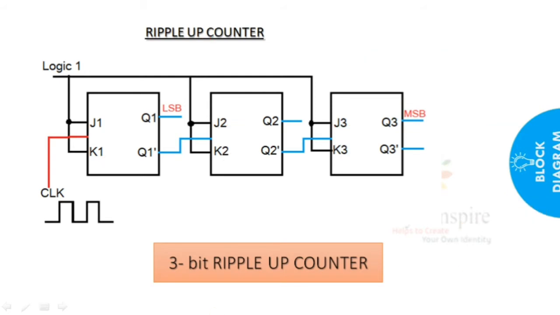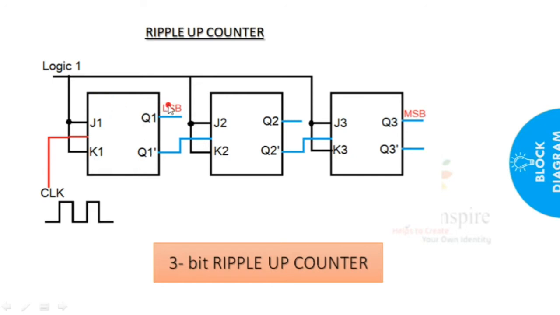Okay. If you don't know JK flip-flop operation, just go through this link and watch this video, then you will get clarity. So, see here, clock pulse is applied to the first flip-flop. This is my first flip-flop, and the clock pulse is applied here. Only for the first flip-flop am I applying the clock pulse.